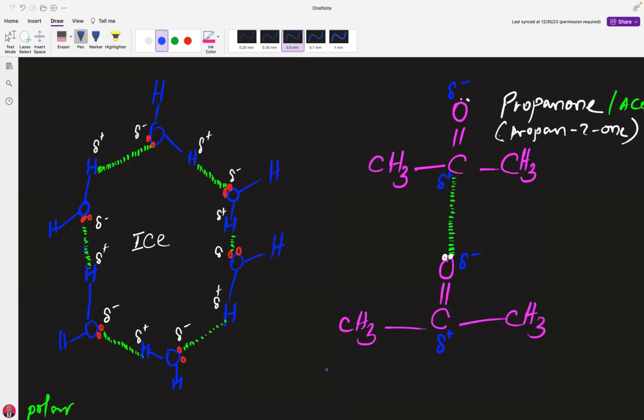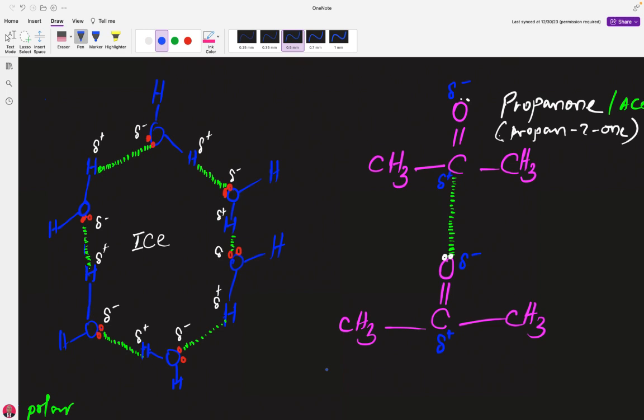All are the same, and the hydrogens will cancel each other, making them non-polar. Good examples of non-polar molecules are things like carbon dioxide. The oxygen on one side and the oxygen on the other side cancel each other. So they will only have London dispersion forces that are induced.